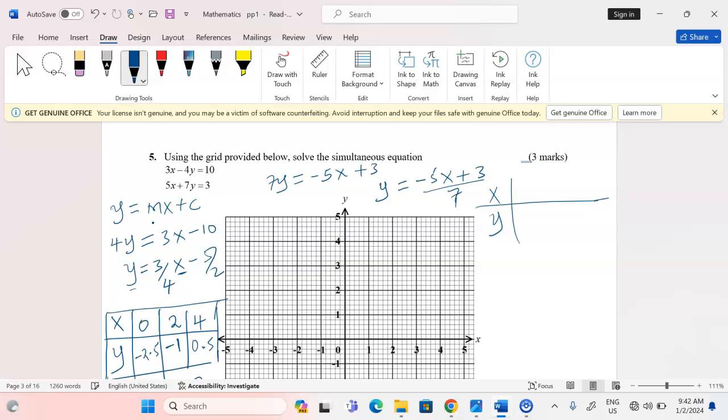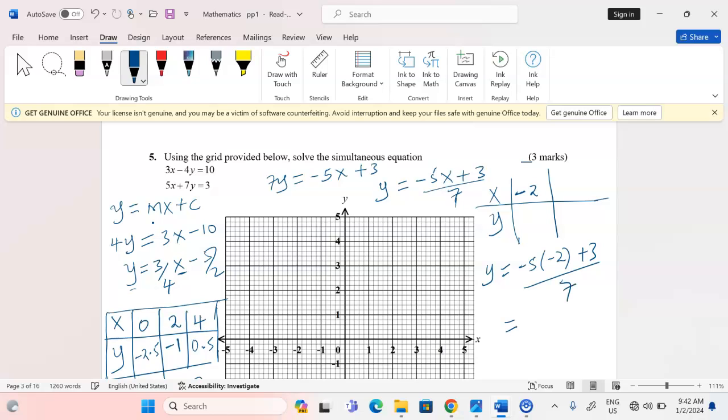When we do coordinates, let's say at x equals negative 2, when we substitute here, the value of y becomes negative 5 into negative 2 plus 3 out of 7.